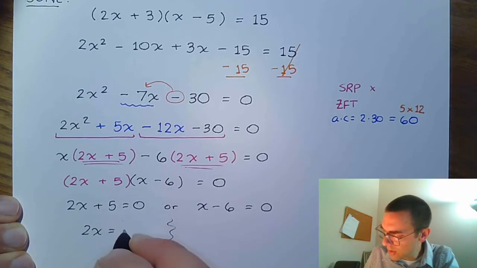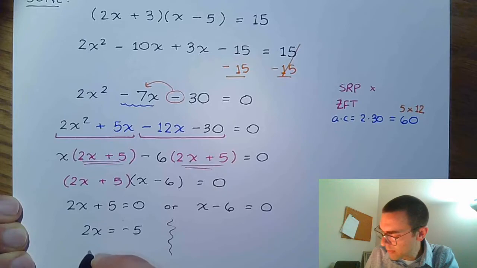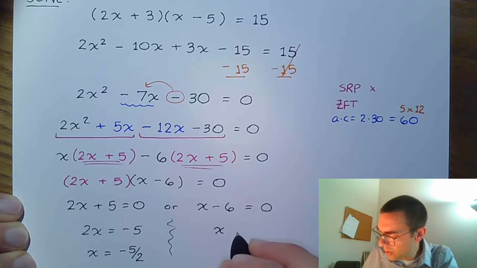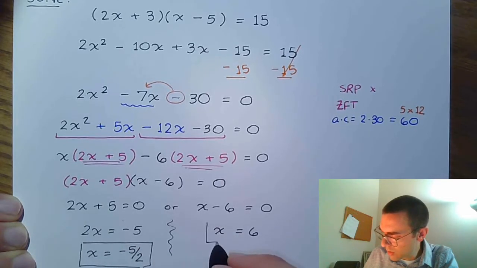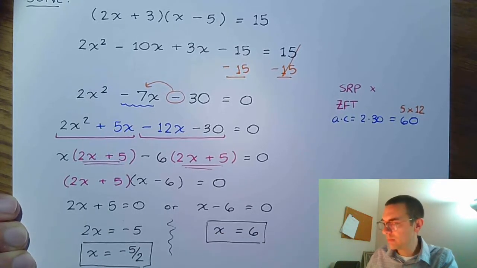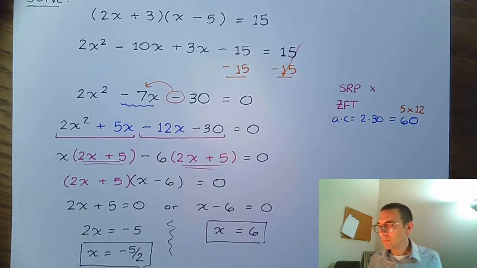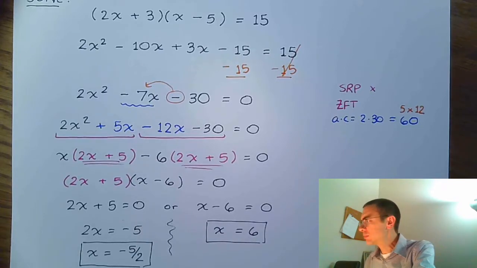So here 2x is equal to negative 5, which means x equals negative 5 halves. And then over here you add 6 to both sides, so x equals positive 6. So here we go. Just like that. And we're done. Now let's see what else we have in store.